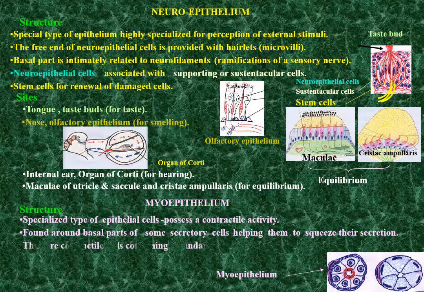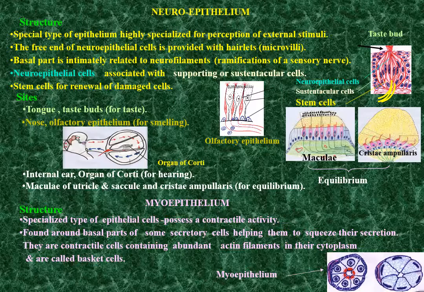They are contractile cells containing abundant actin filaments in their cytoplasm and are called basket cells. Sites. Myoepithelial cells are present surrounding the acini of salivary and mammary glands, helping to squeeze their secretion.